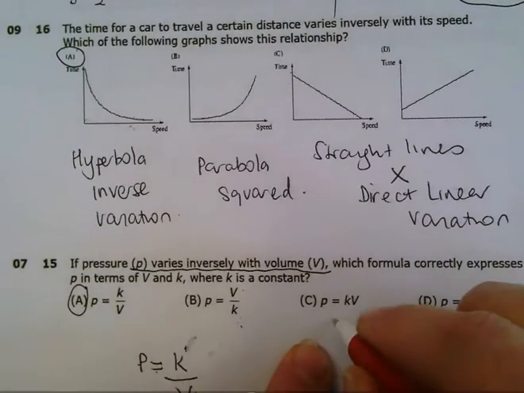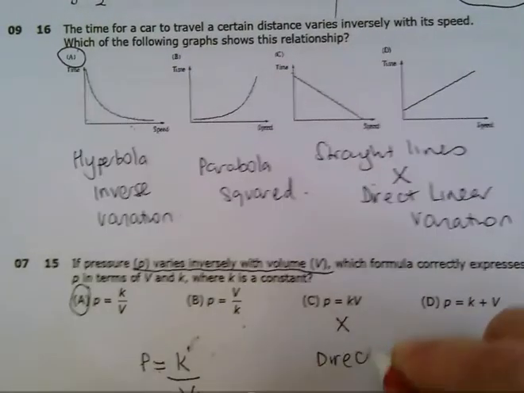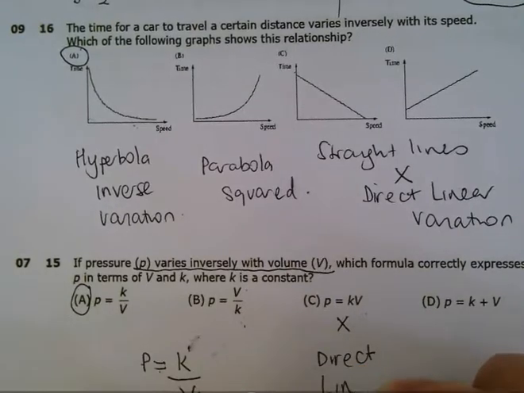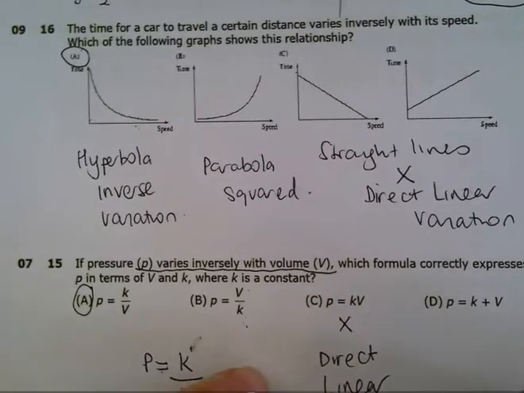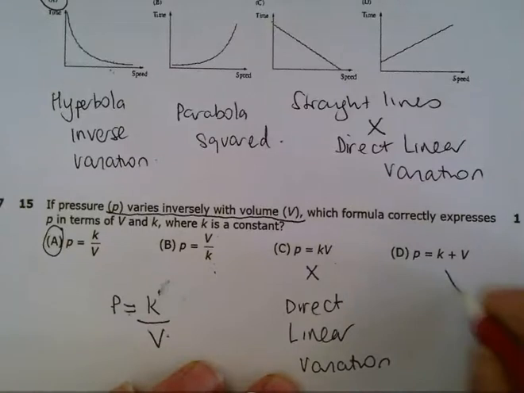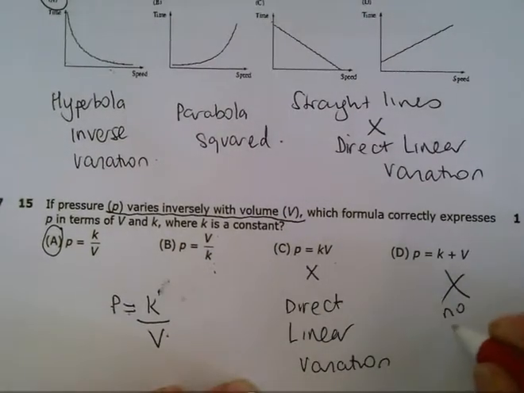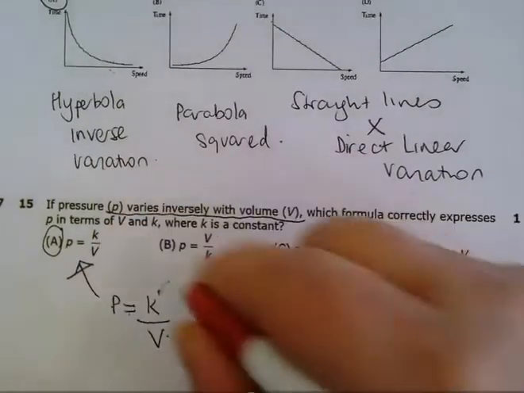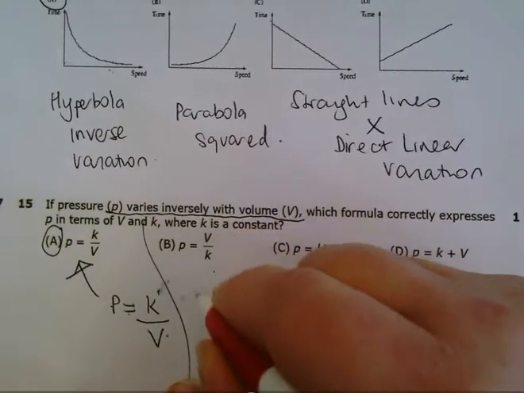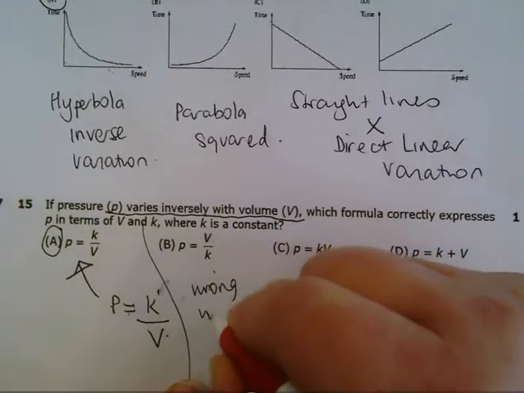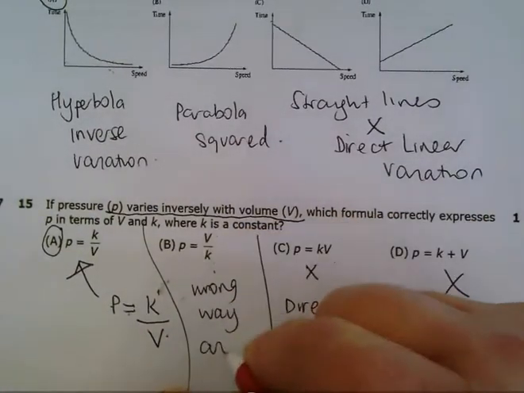This is wrong, this is direct linear variation. And this, we don't put pluses in it. We never put a plus. So that's your answer. This is the wrong way around.